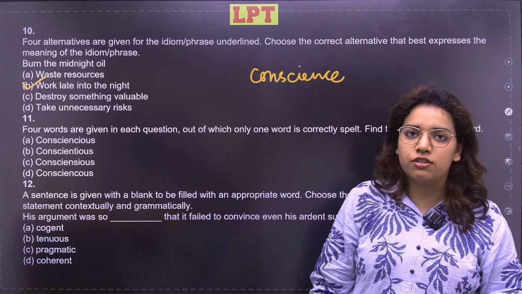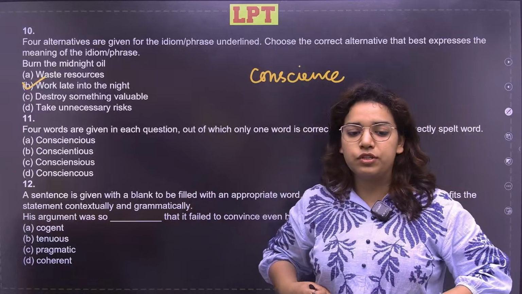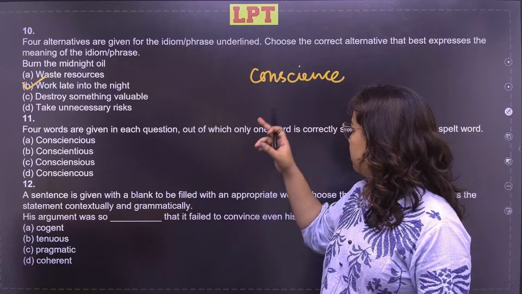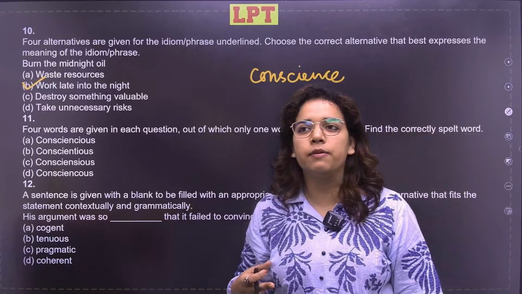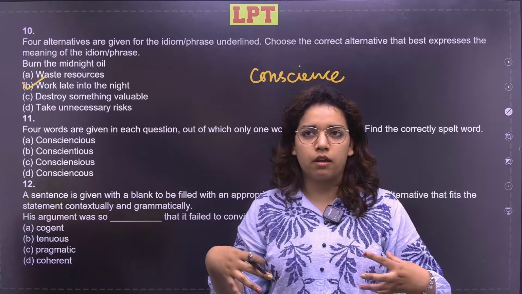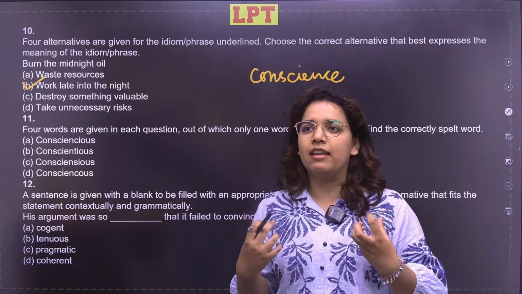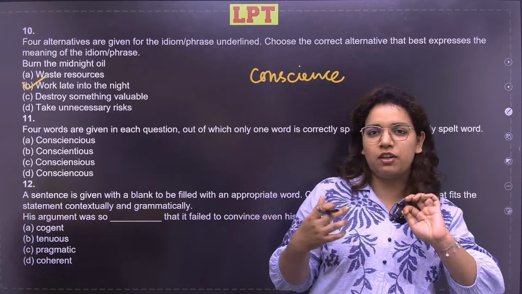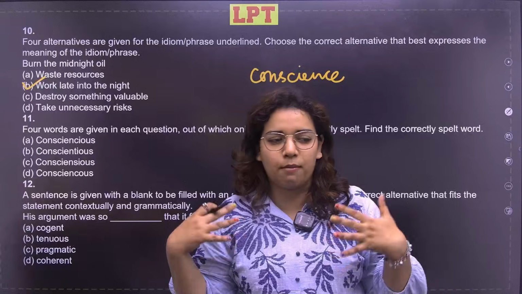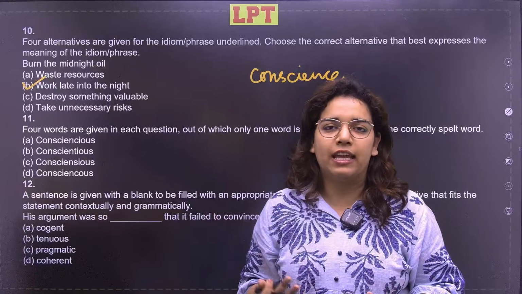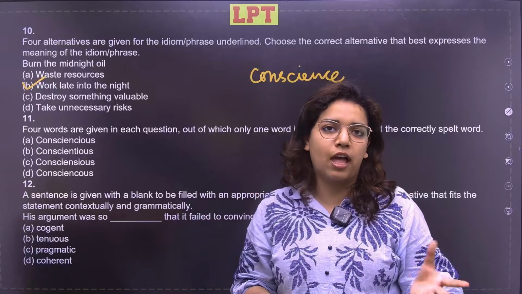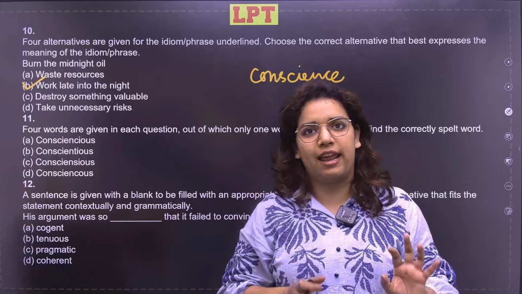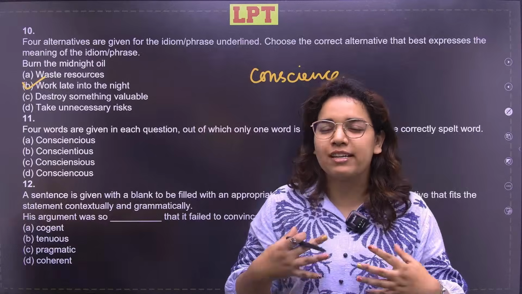But conscience is basically that inner ability you have to differentiate between good or bad, the inner voice that comes up at any time of the day and tells you that okay, you should do that, no, that is wrong, that is correct, we should be like this. That is your inner voice, that is your conscience.